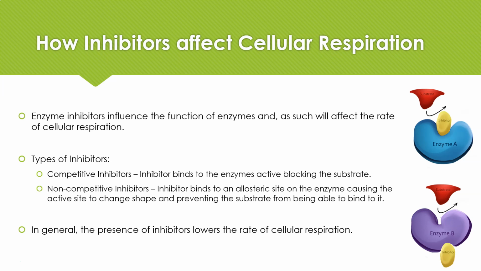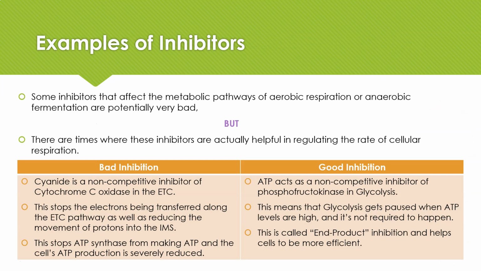In general, if inhibitors are present and attached to the enzymes involved in cellular respiration, they're going to lower the rate of cellular respiration, simply because they stop the substrate from binding and being catalyzed by that enzyme, and therefore the reaction doesn't go ahead. So we can expect that inhibitors will generally decrease the rate of cellular respiration.